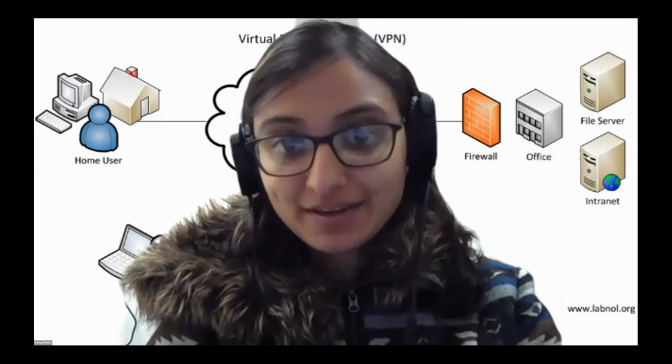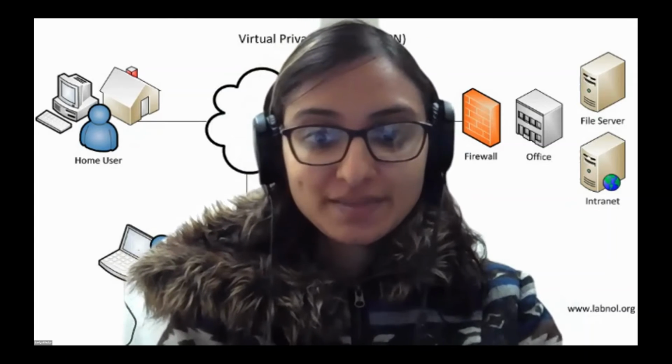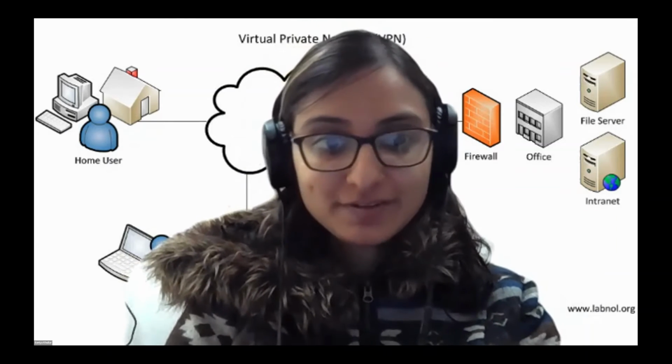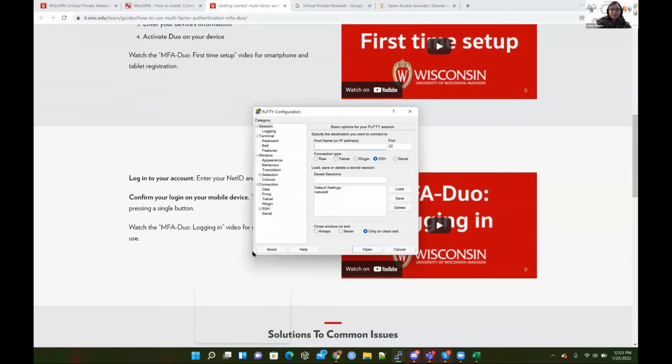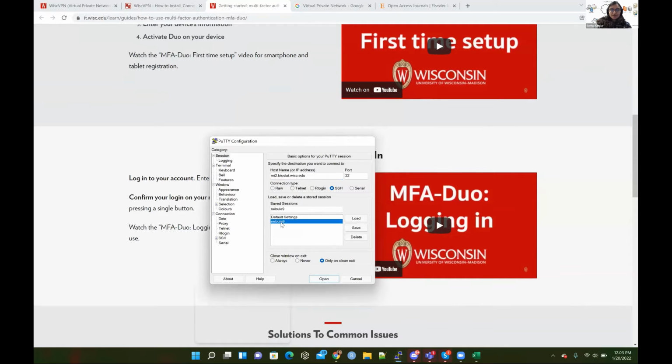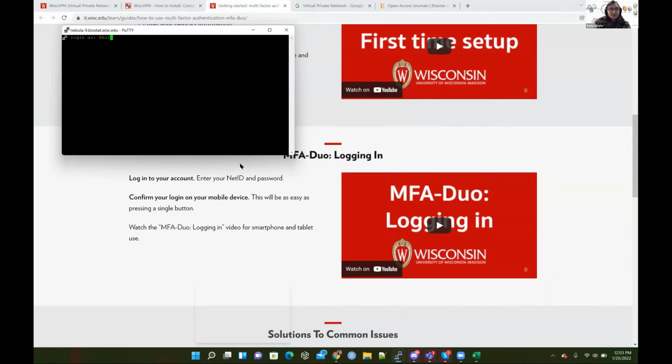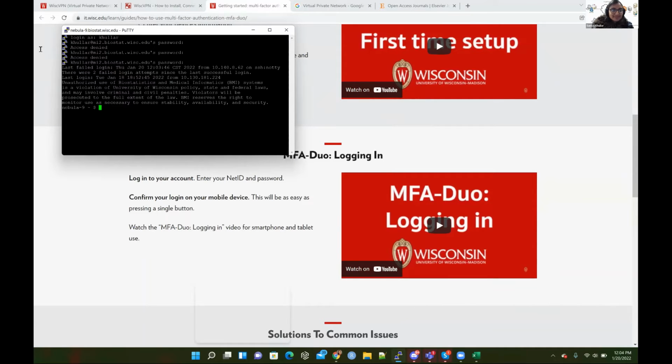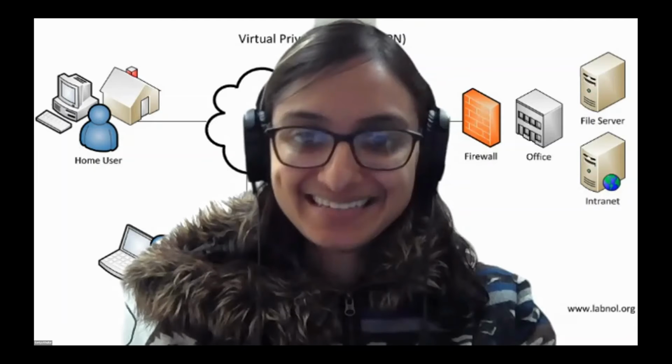And this will allow me to log in to the server, which is something I will show you guys in future videos, but I do need to be logged into UWNet in order to access the server, for instance. I need to be able to log in to Nebula 9, which is one of our biostat servers. I do need to be logged in to the WiscVPN. Yeah, I'm bad at entering my password again. But anyway, it keeps track of that and allows you to log in to the server and then use the university resources as needed.